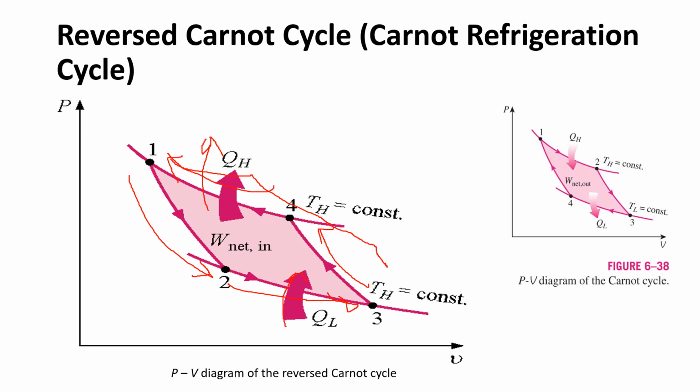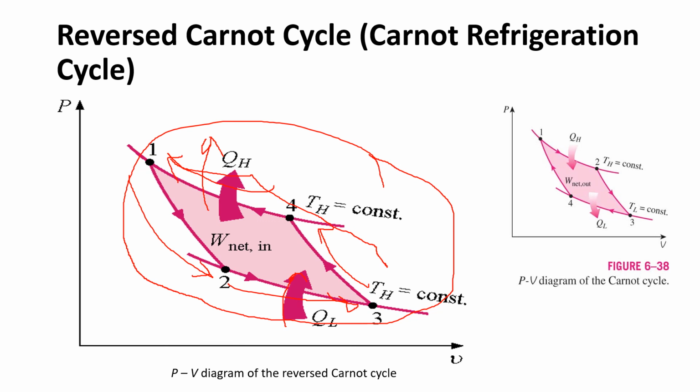So if it is a Carnot refrigeration cycle, it will follow this cycle. This is the Carnot PV diagram, but the Carnot refrigeration will be the opposite of the Carnot engine.